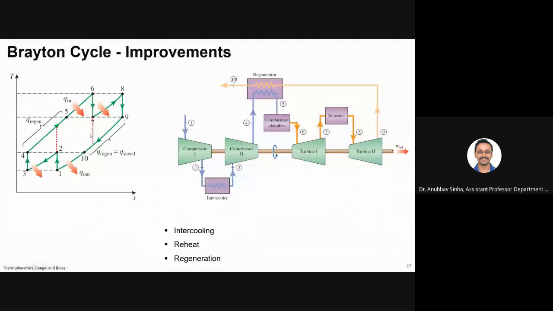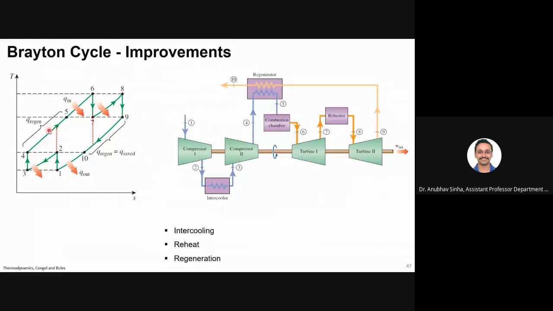The dotted line basically shows your normal Brayton cycle. Now instead of going to the dotted line, we are intercooling. So this is called intercooling. After compressor 1, I employ one intercooler which extracts some heat, so it brings down the temperature and then you compress again. So we go from 3 to 4. This is what is shown here, and this extra area is added.